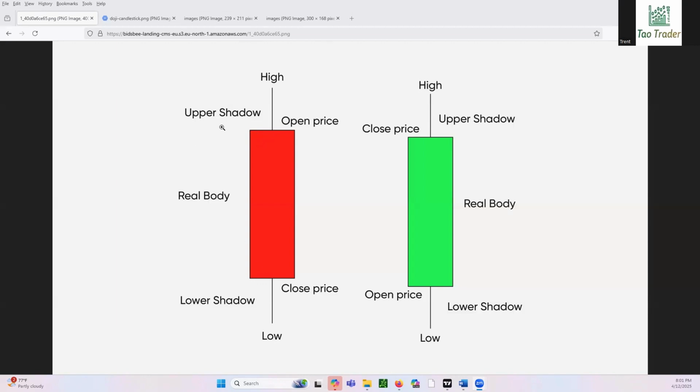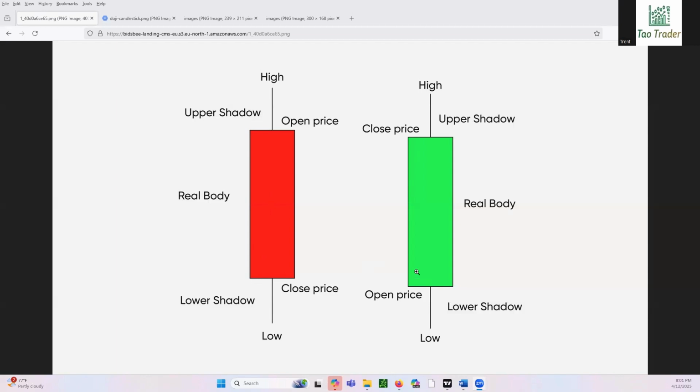So when this candle started forming, it opened right here at the top of the body, came up here, found sellers, came back down, got below the opening price, came way down here to the low, found some buyers, moved back up a little bit and closed right here. And that was the end of that candle for that time frame.